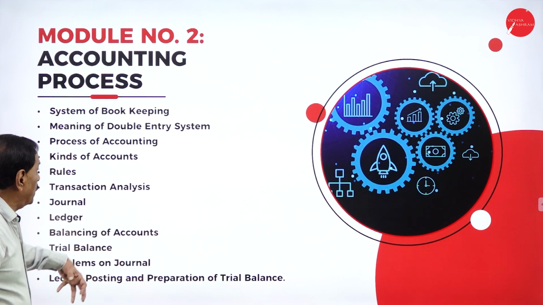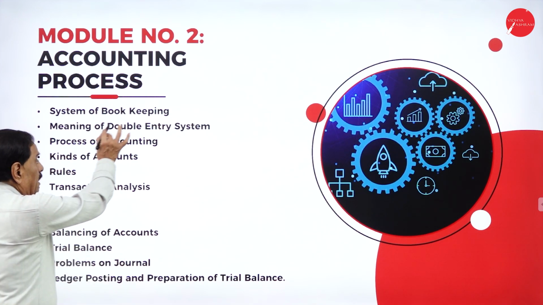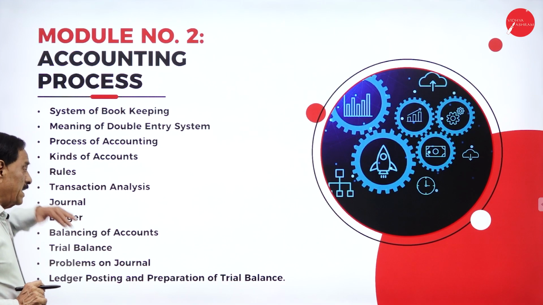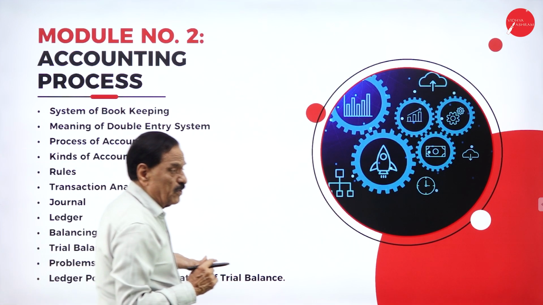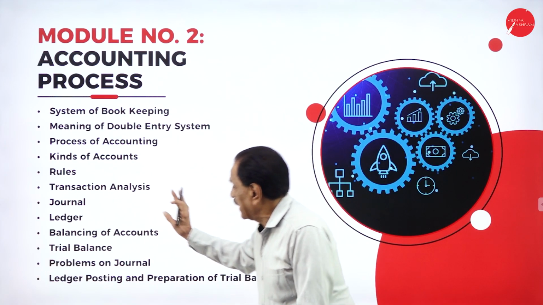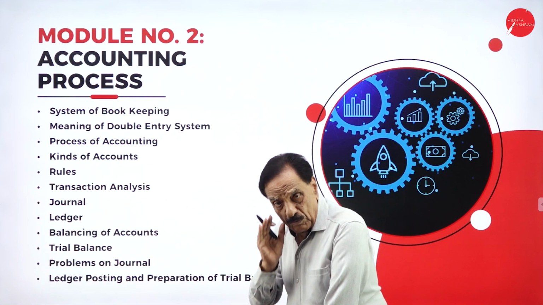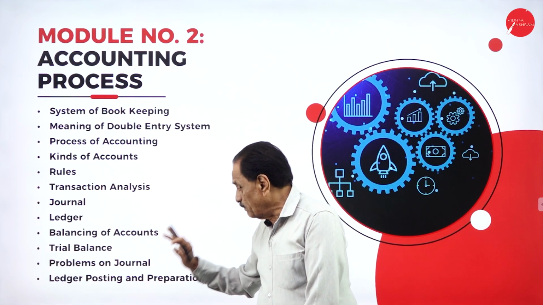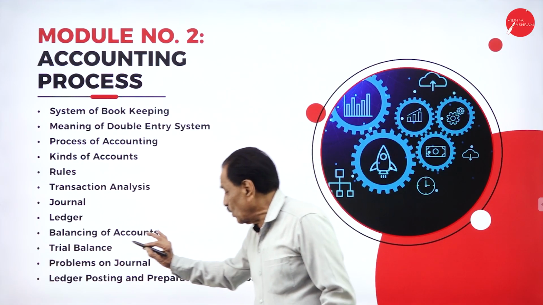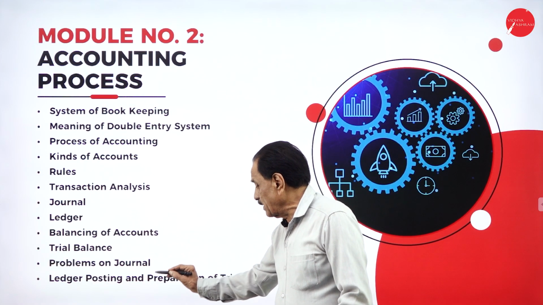Here first you have to start with what we mean by bookkeeping, the meaning of double entry system, process of accounting, kinds of accounts which you are going to study, what the rules of accounts are, transaction analysis, what you mean by journal, what you mean by ledger, how to balance accounts, what you mean by trial balance, problems on journal, ledger posting.